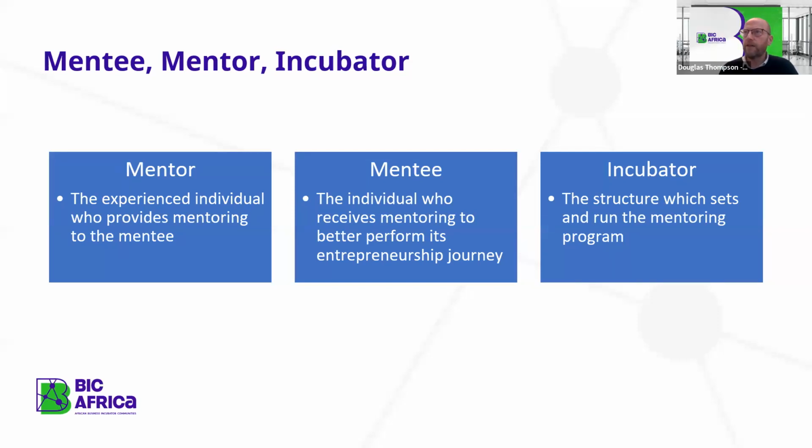Of course, there's other terminology that can be used, but it is the structure that sets and runs the mentoring program. So we're talking here about structured programs for one or more new entrepreneurs and one or more mentors, in which that mentor and mentee can get together, go through a selection process, a confirmation process, and an agreement process. That agreement process is something which we'll come back to, to practically ensure that this relationship works, or has the best chance possible to work.